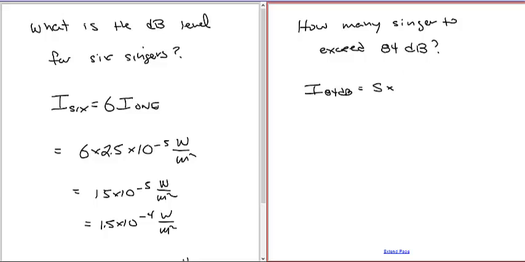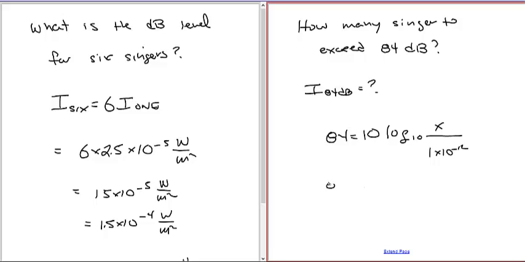Well, first we've got to figure out what the sound intensity is for 84 decibels. So we'd have to do the same thing. You'd have 84 is equal to 10 log base 10 of x, that's what we're trying to solve for, over 1 times 10 to the minus 12.